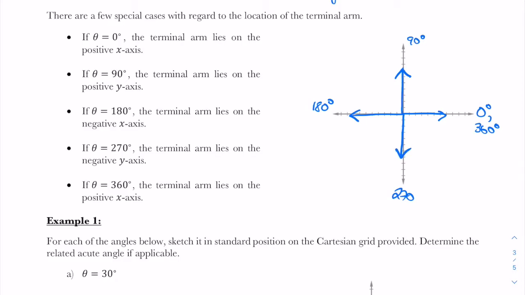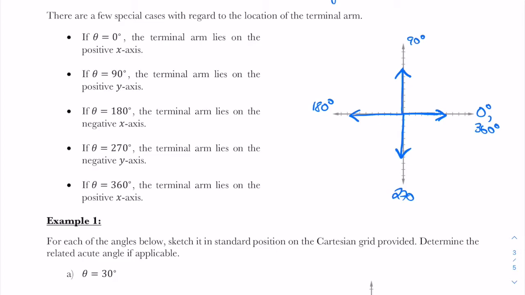And then a full 360 degrees rotation would result in the terminal arm lying back on the positive x-axis. So remember, we're rotating here counterclockwise. And that completes the lesson.